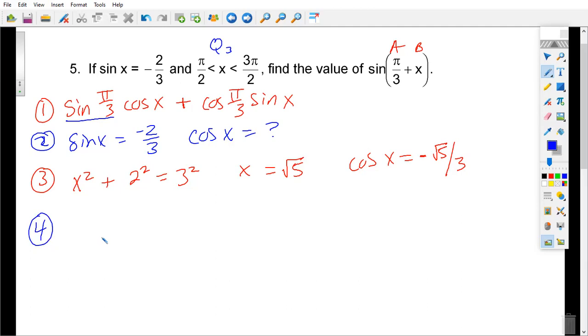Square root of 3 over 2. What is cosine of x? Negative square root of 5 over 3. And we have plus. What is the cosine of pi over 3? Going back to 60, what is the x value at 60 on our unit circle? 1/2. Times sine x, and what was sine x given to us?